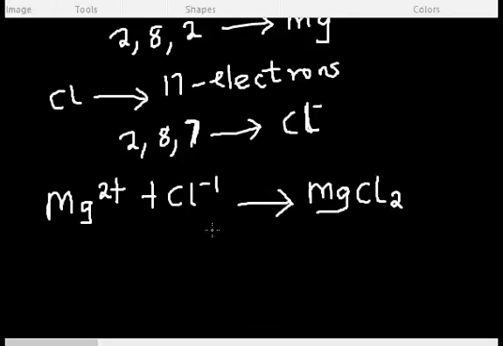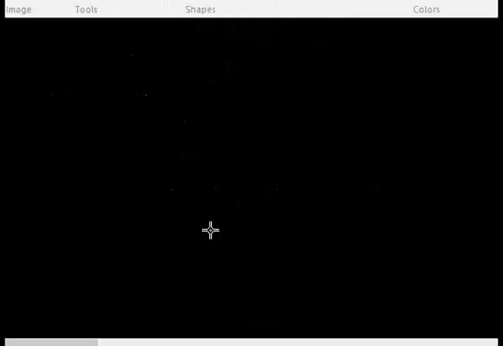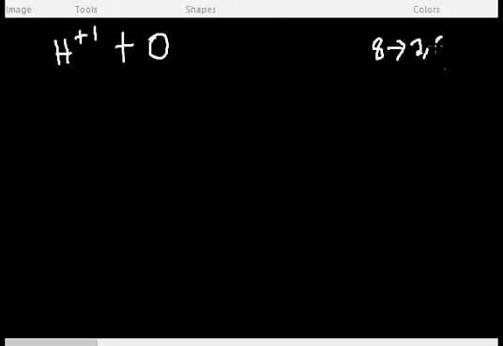Of course we know very well that the water molecule is made up of hydrogen, and hydrogen has 1 electron, so the valence is +1. Oxygen, remember oxygen has 8 electrons, so if you divide it, that's 2, 6.